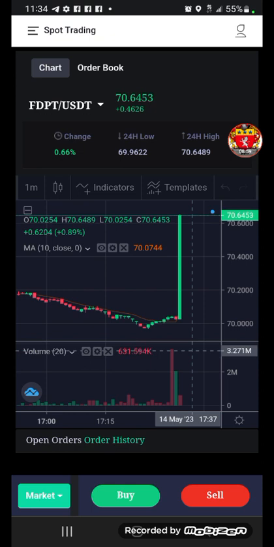Each candle is a 1 minute candle. So we're fixing to see this thing go up and up and up. And we're going to collect the interest and get out.